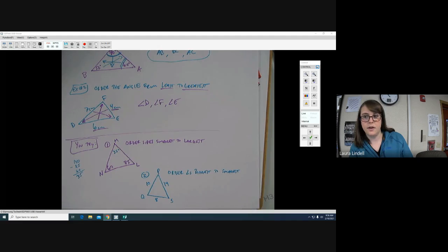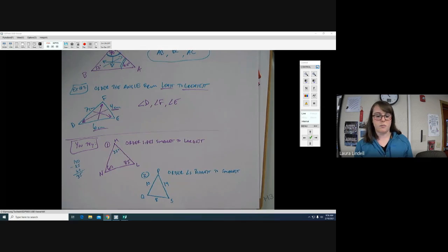All right. Anyone who thinks they've got it, what side did you put first on the first one? Which side went first? What's the smallest? All right, we have a vote for MN.